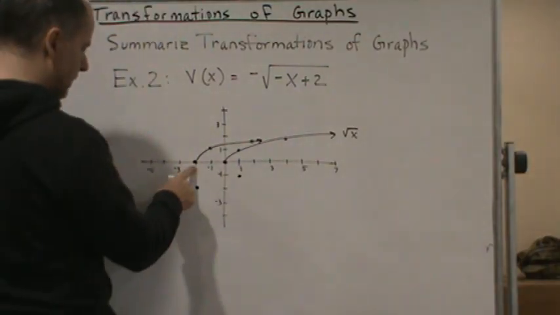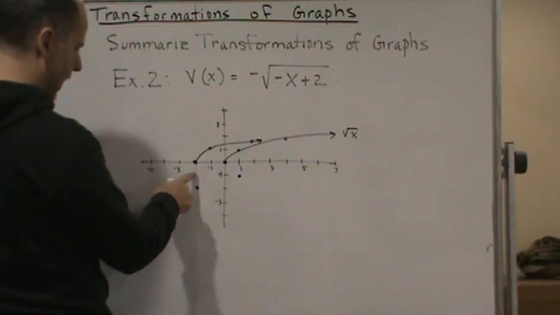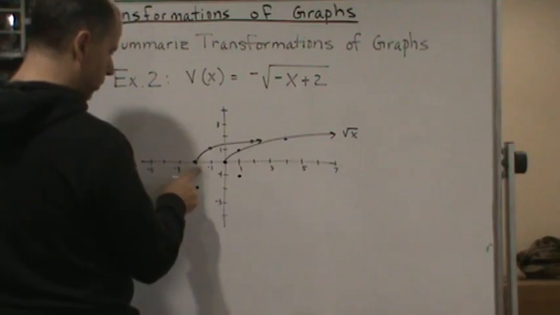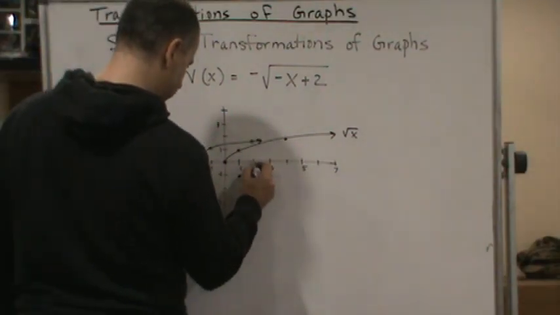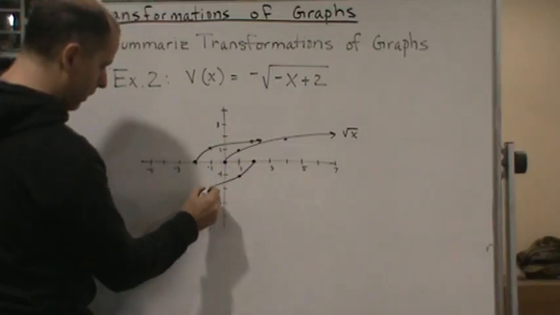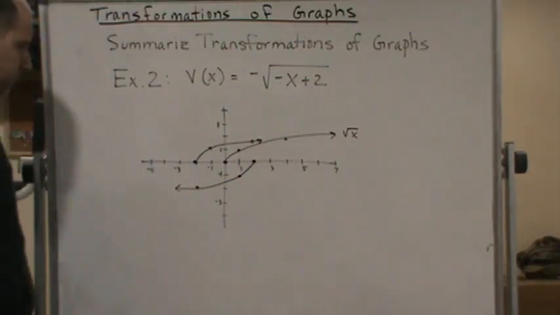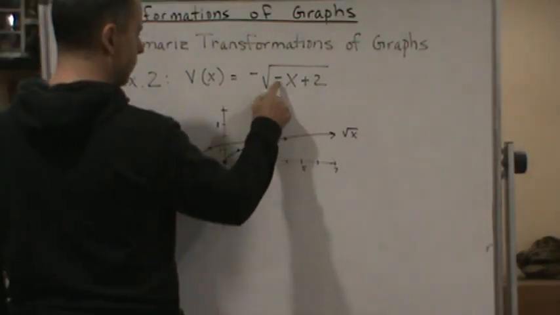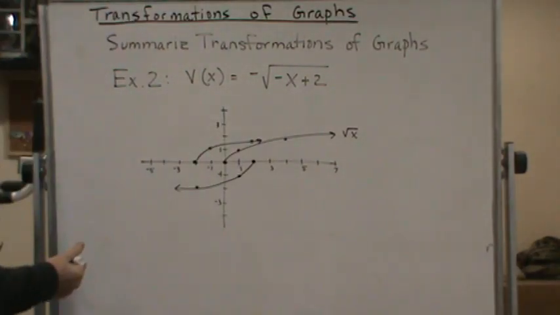And then this one is 0, so it's on the x-axis, so it's going to stay there, but it's going to reflect across the y-axis from -2 to +2. And so now it looks like this. So I did both of the reflections at one time, which you can do.